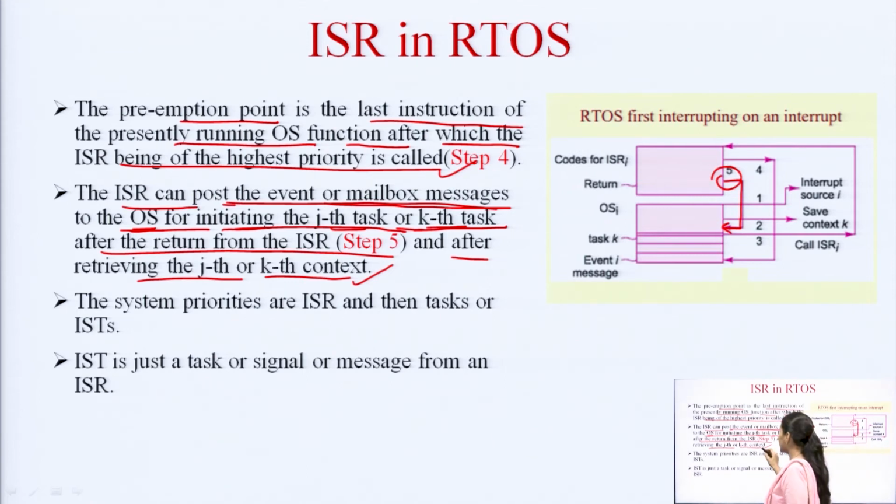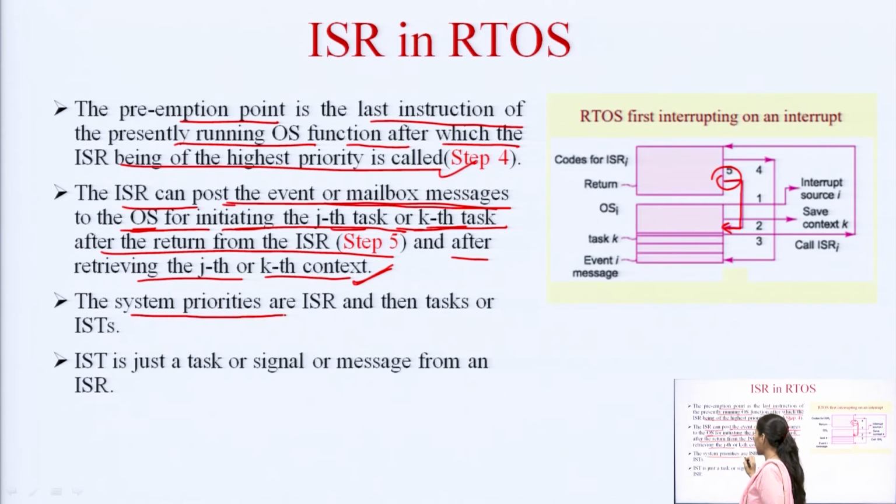So, after returning from the ISR, the context related to the jth and the kth tasks are retrieved and the message is sent to the operating system for initiating these tasks after the return from the interrupt service routine. So, this is step 5.